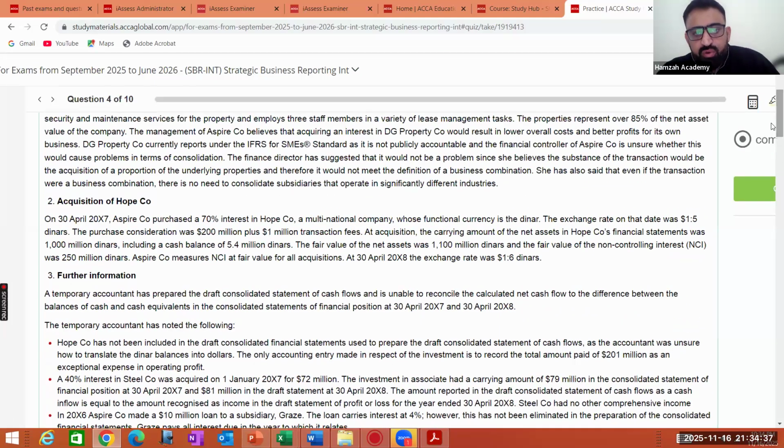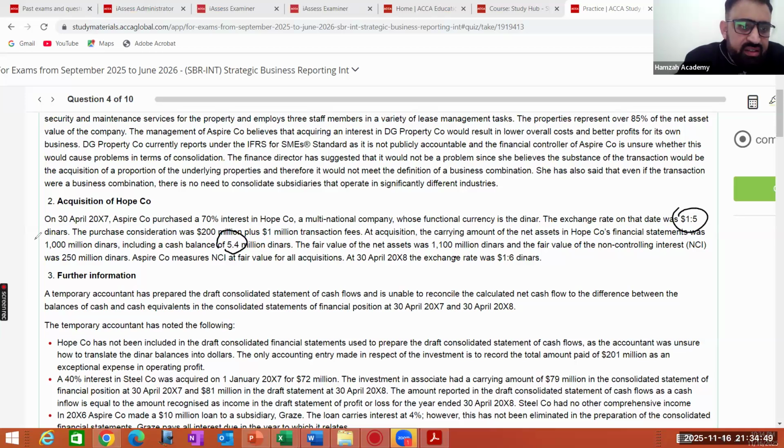But keep in mind, when you acquire the subsidiary company, that subsidiary company has a cash balance with them, which was 5.4 million dinar. And if you translate it at the exchange rate at the date of acquisition, at the $5 rate, that would be considered a cash inflow, and that would be considered when we are taking this cash outflow of 201 in the investment category of the cash flow statement.